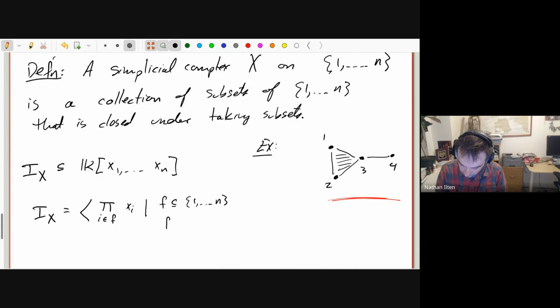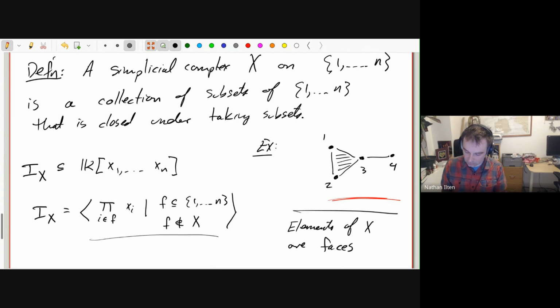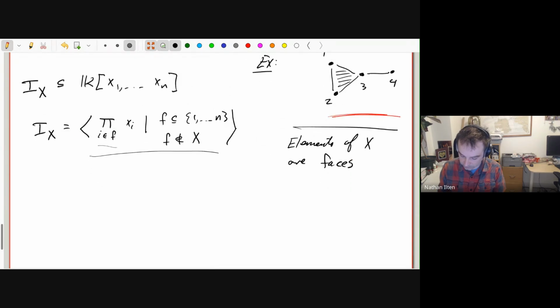And I want F to not be in my simplicial complex. Oh, yeah, so sorry, I should have said this earlier. So we'll call elements of the simplicial complex X faces. OK, so what am I doing here to generate this ideal? I'm taking the non-faces and taking the product over all the variables that belong to this non-face. Let's look at an example.